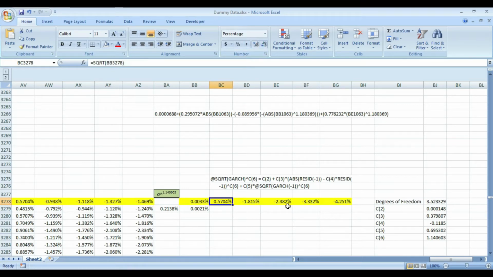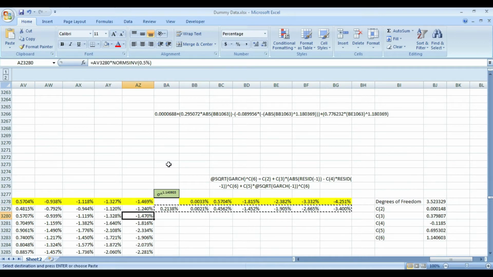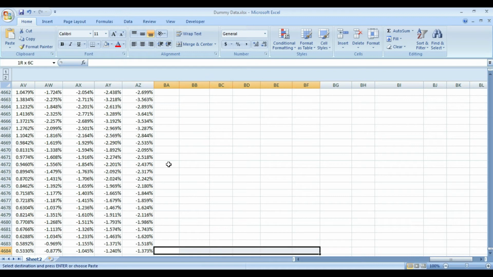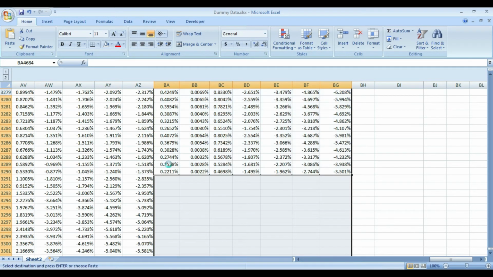Okay, now you can simply copy the standard deviation and all the value at risk variables and drag this down. I'll change the format, and you can copy this and drag all these conjugate down. There you go.